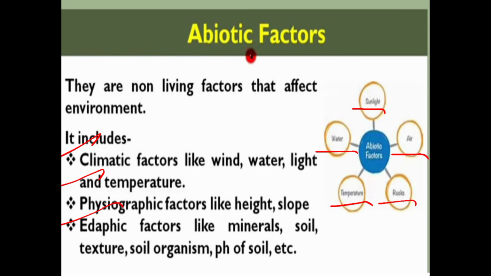Then there are physiographic factors, which include height and slope. Then edaphic factors like minerals, soil texture, soil organisms, pH of the soil, etc. These are the non-living factors that affect the environment.